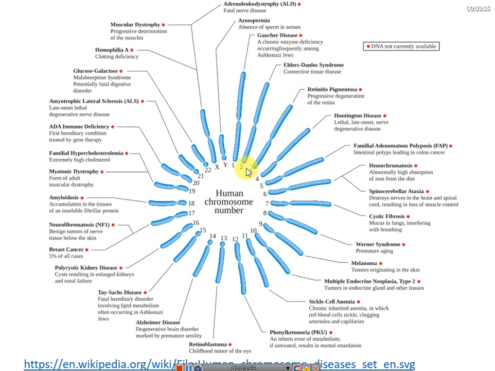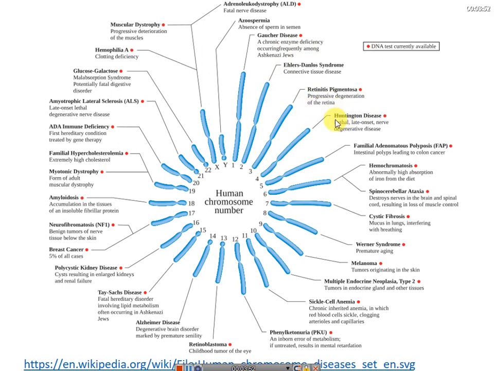Then with chromosome 2, we have Ehlers-Danlos syndrome, a disease of connective tissue. Then with 3, we have retinitis pigmentosa, which is a progressive degeneration of the retina.